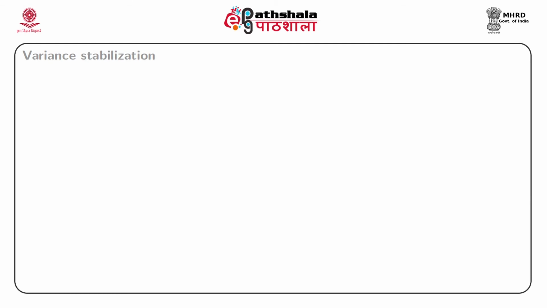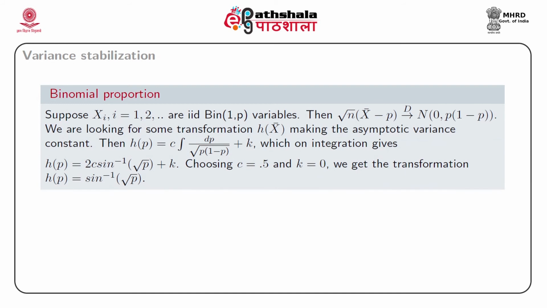So, let us quickly give some examples. The first example is regarding a binomial proportion. Suppose Xi are IID binomial(1, p) variables, then it is well known that the large sample distribution of X bar is asymptotically normal with variance p times (1 minus p). We are looking for some transformation, say h of X bar, such that the asymptotic variance is independent of p.